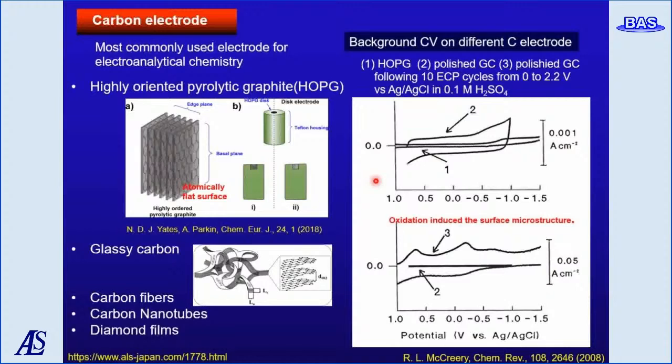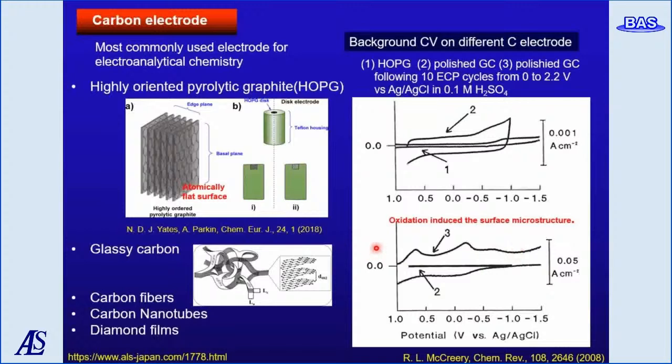Polished glassy carbon shows a larger background charging current than that for HOPG, but a relatively wide potential window. However, once the glassy carbon electrode is scanned in the positive potential direction several times, several new peaks appear, indicating the surface carbon is somehow oxidized.